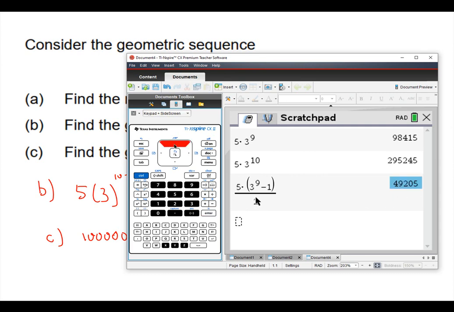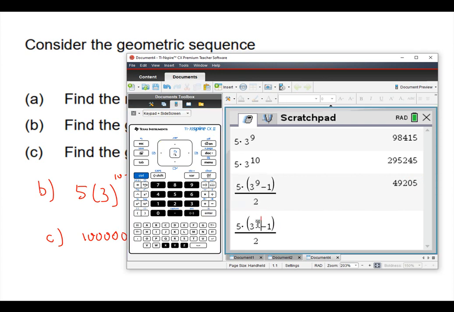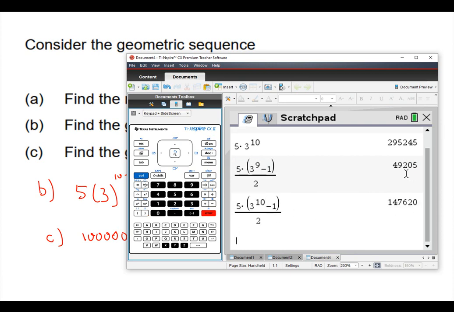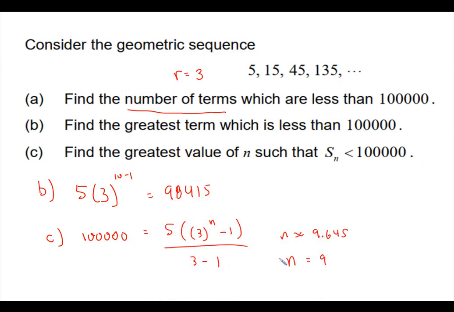Now if we increase this exponent by 1 and it becomes 10, what should happen is this answer is going to be over 100,000. So now it's over 100,000, so we're correct that our n must be 9, okay?